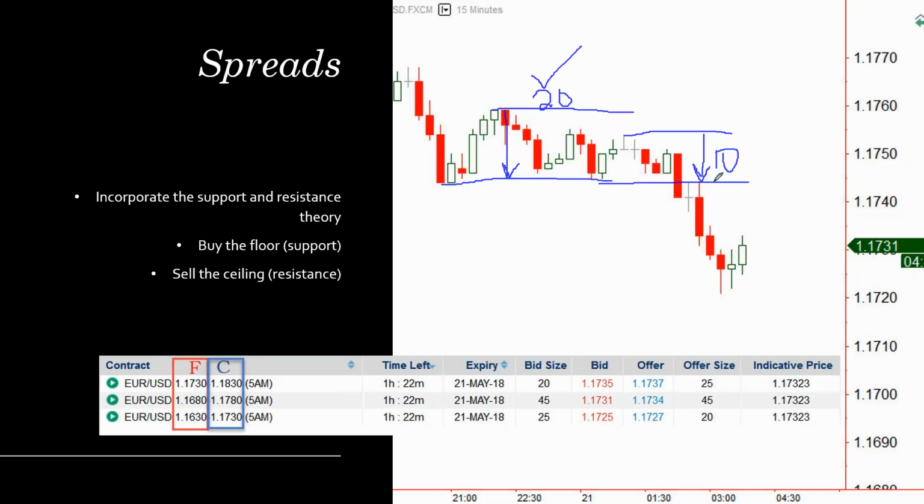And this is what I do to say, okay, this is the high, this is the low. I'm expecting this low to be tested. What's the width of this range? And in this case, it was about 20 pips, whereas this one over here was about 10 pips. Any questions on that?